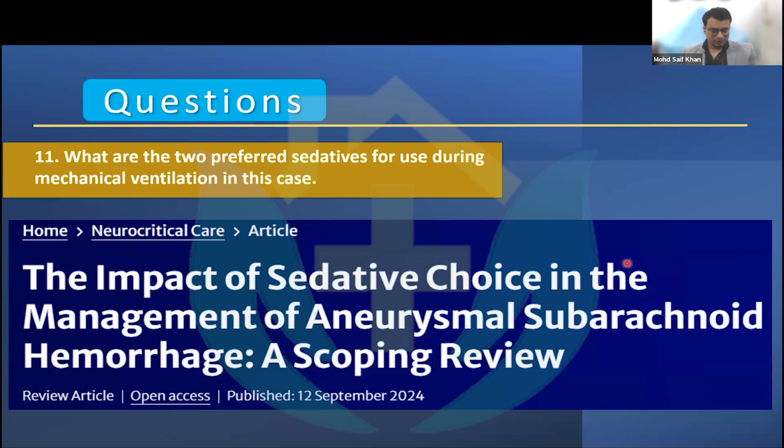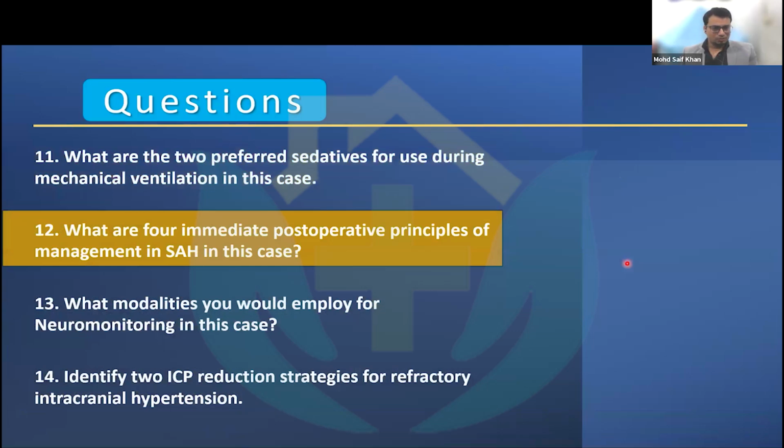This is a very nice paper, a scoping review, in which they mention dexmed, propofol and remifentanil are the ones which are preferred. But midazolam is not favored. Even if the patient is having a seizure, you start an anti-epileptic, but don't keep the patient on midazolam.